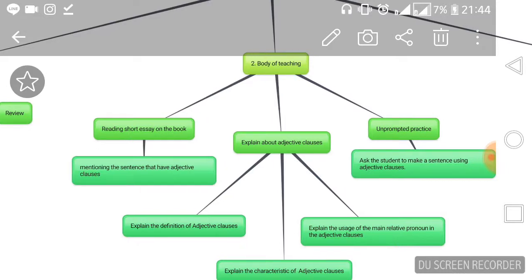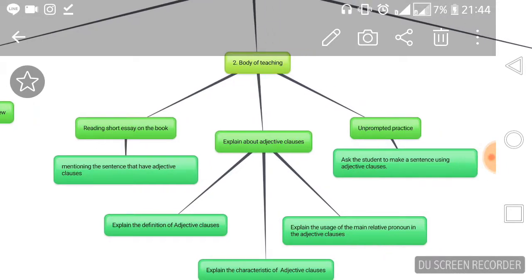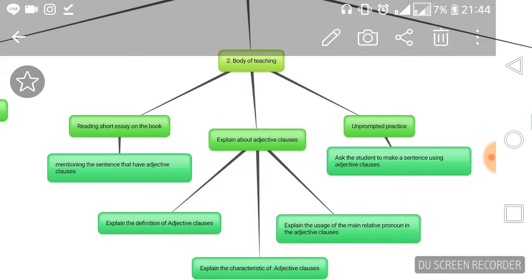We will read page 54 about Ismail Marzuki, and we will mention the sentences that have adjective clauses inside the essay.